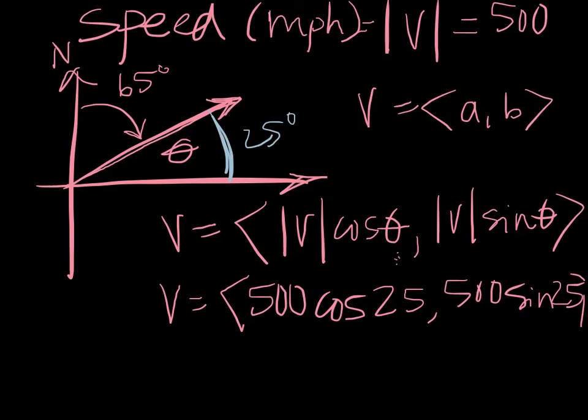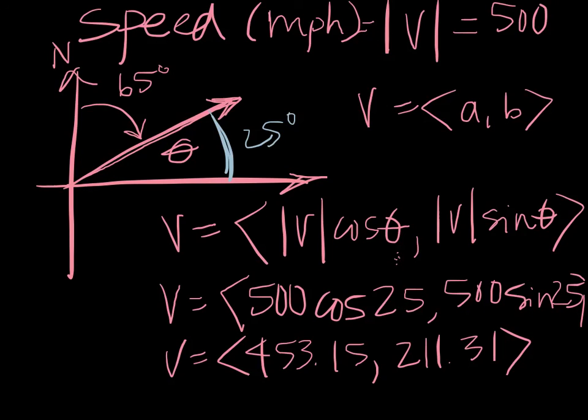It was an easier problem than example 6b, which was a little weird. But anyway, I can put this in the calculator in degrees mode, and I'm going to have 453.15 and 211 miles.